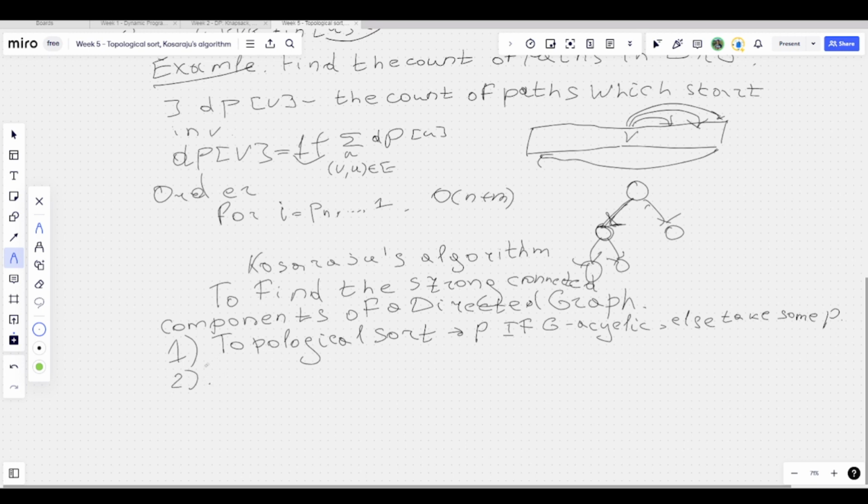After we get the topological sort, we launch DFS. We launch DFS in the reversed graph in order of our permutation.